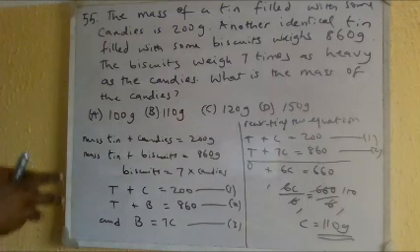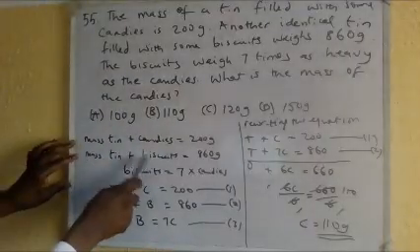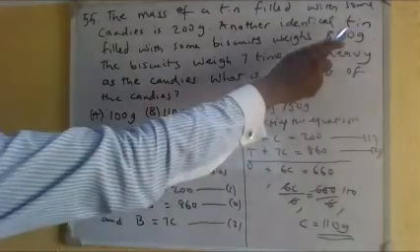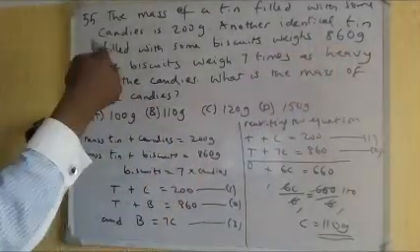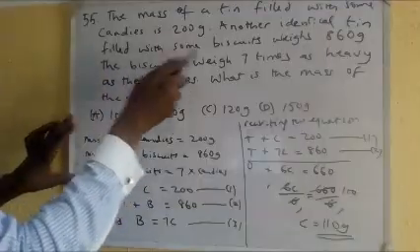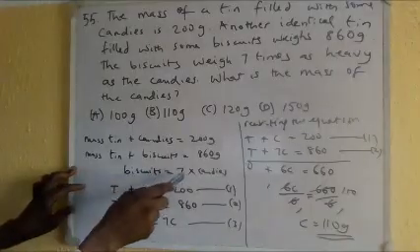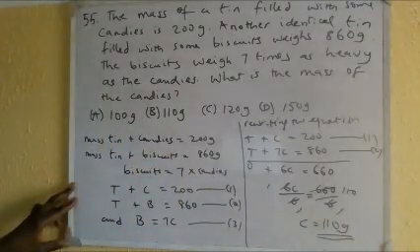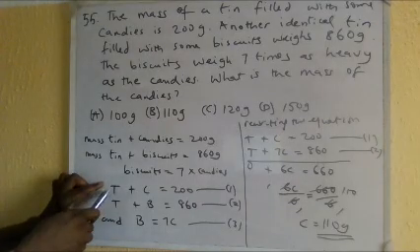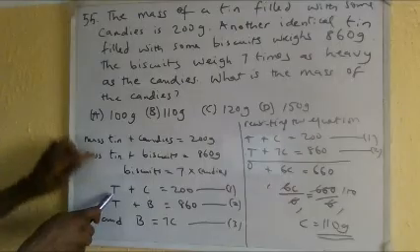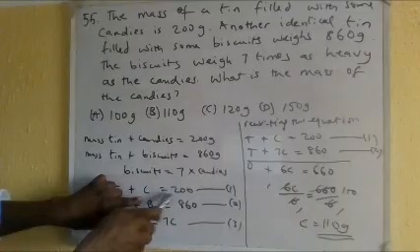Another identical tin is filled with some biscuits. So the two of them weigh 860. That's this one now. They now put a third statement and say the biscuit weighs 7 times as heavy as the candy. So biscuit is equal to 7 times candy. So I'm writing it here in terms of algebra. So I have T for mass of tin plus C for candy is equal to 200, equation 1.